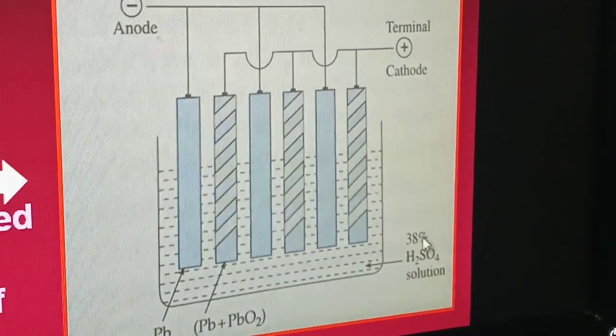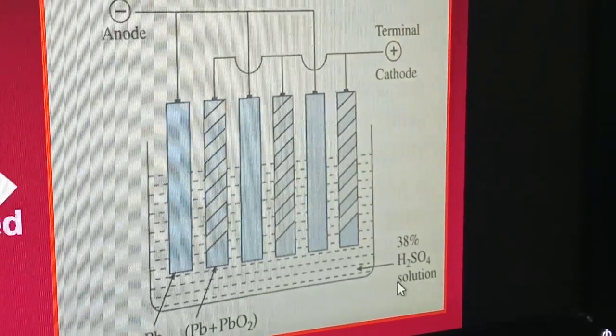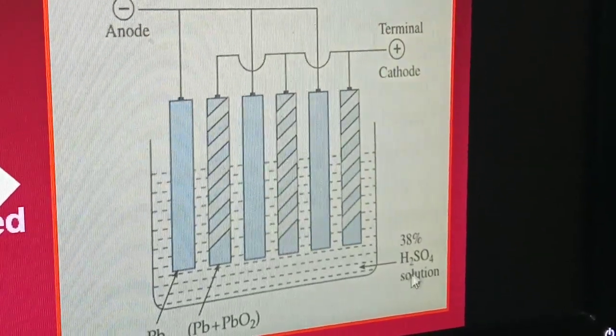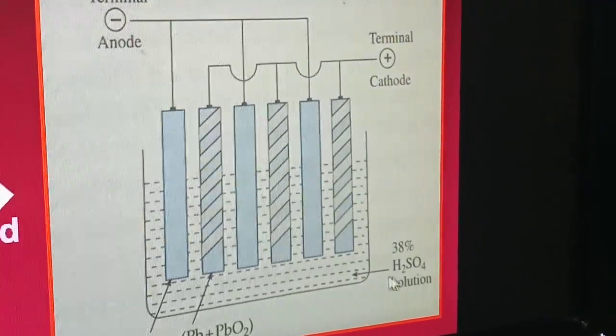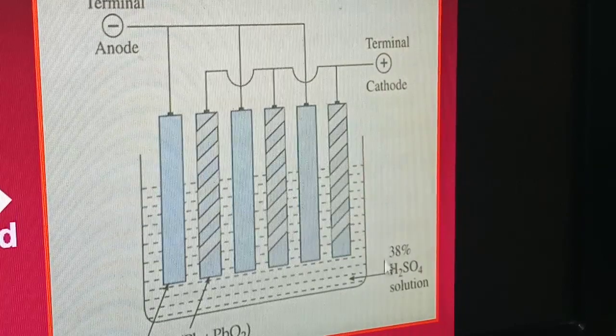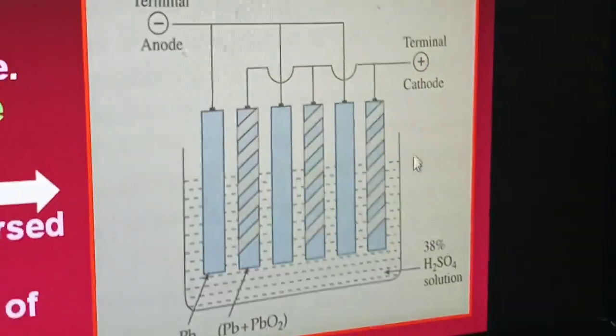Now 38% sulfuric acid means it is 4.963 molar concentrated acid.